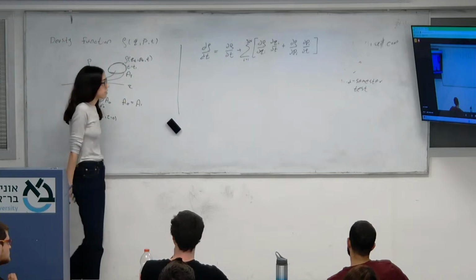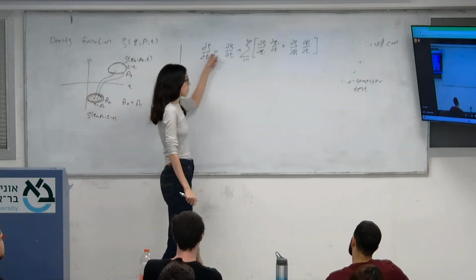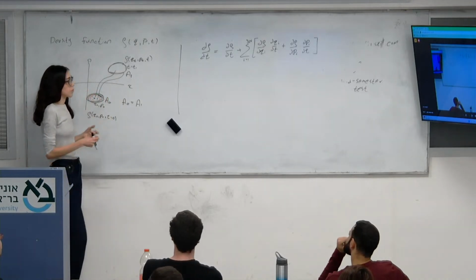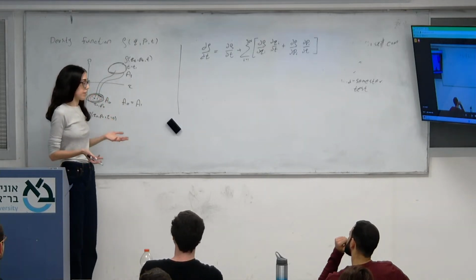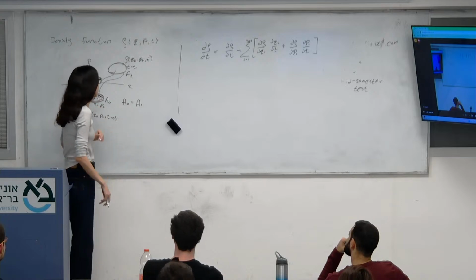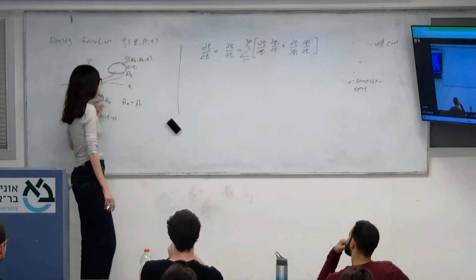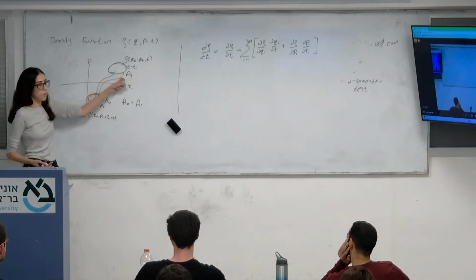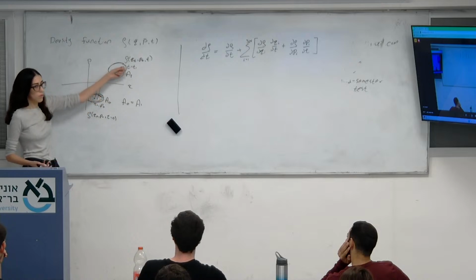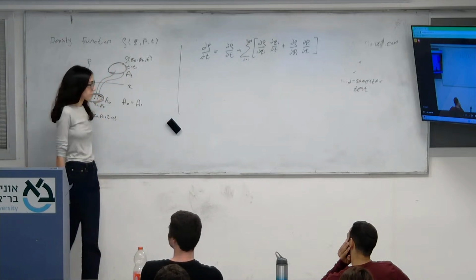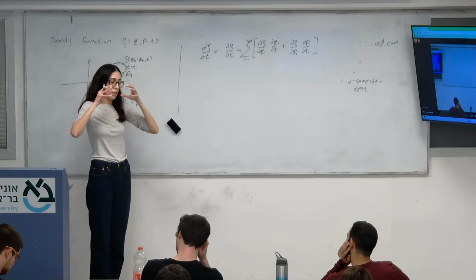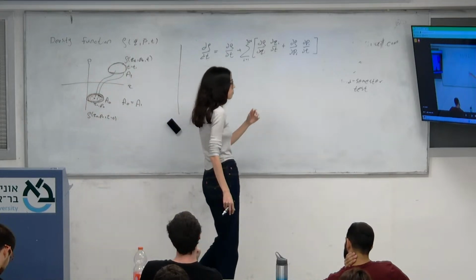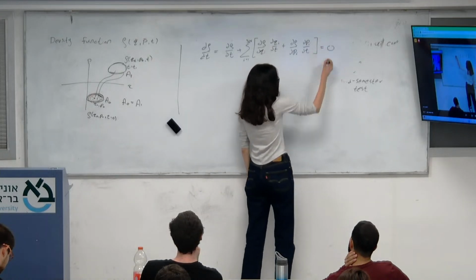But overall, rho doesn't change with time, because what Liouville's theorem tells us, and we're going to prove it in about 15 minutes, is that the density function itself doesn't change as a function of time. It's constant through the whole trajectory, because the overall amount of water in the system doesn't change when it flows through time. So overall, all of that is equal to 0.